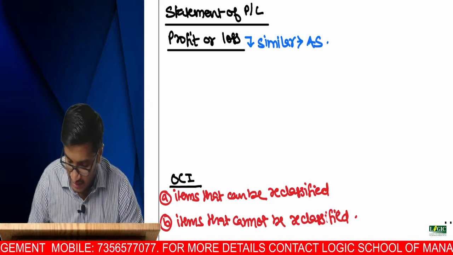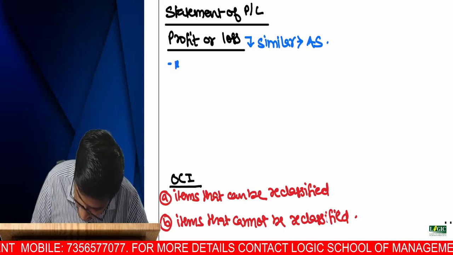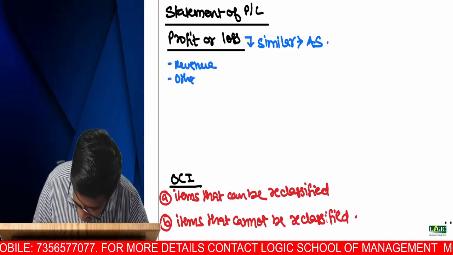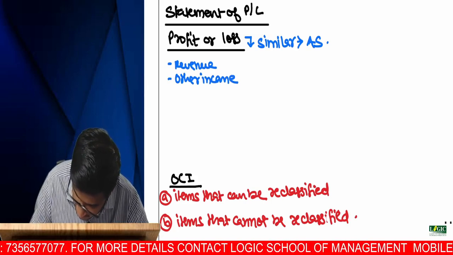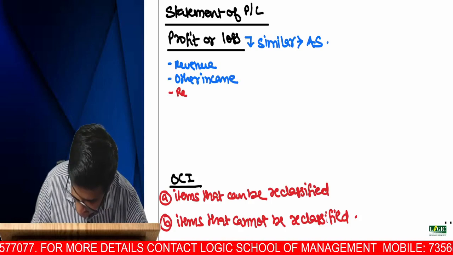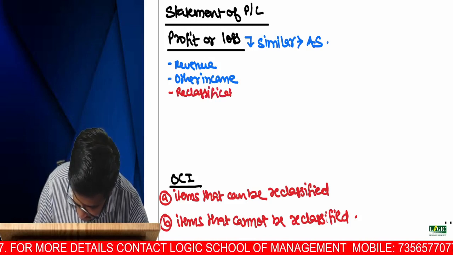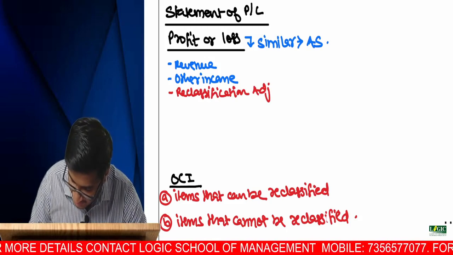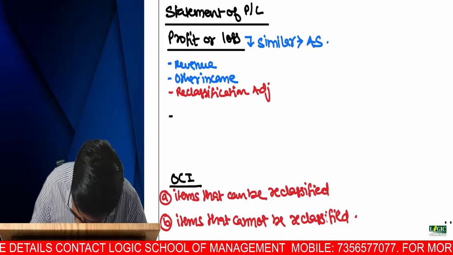We'll have our income, we'll have our expenses. We have revenue from operation, we have other income. The new item that we have seen is, yes, recycling or reclassification adjustments, isn't it? And we do have our expenses. Inside expenses, we have come across what is that?